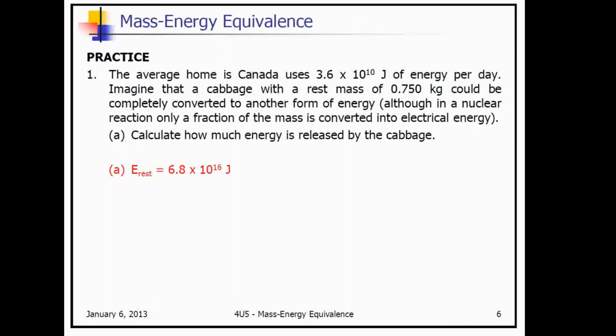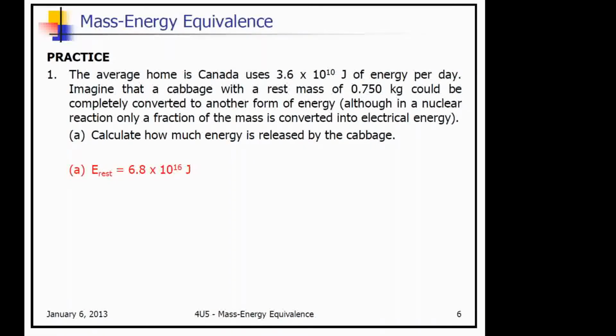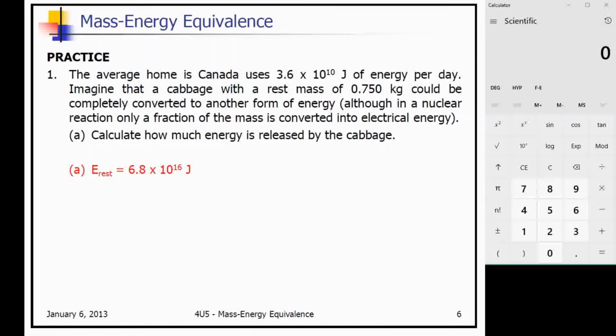But let's look at a question here that deals with the rest energy of a common object. I mean, you've probably seen a cabbage before, so we're talking about a cabbage here. And this is a cabbage that has a mass of 0.75 kilograms. So if we turned that cabbage, its mass, into pure energy, how much energy would we have?